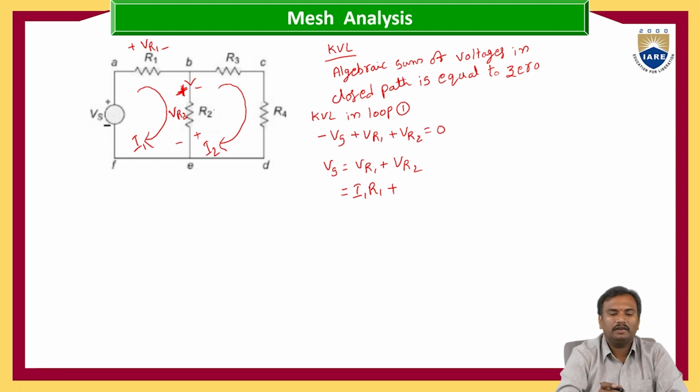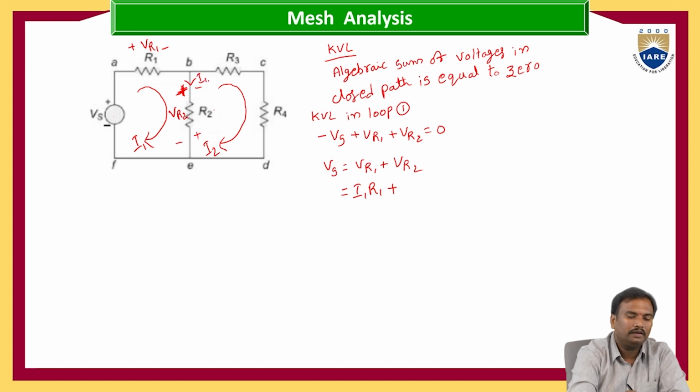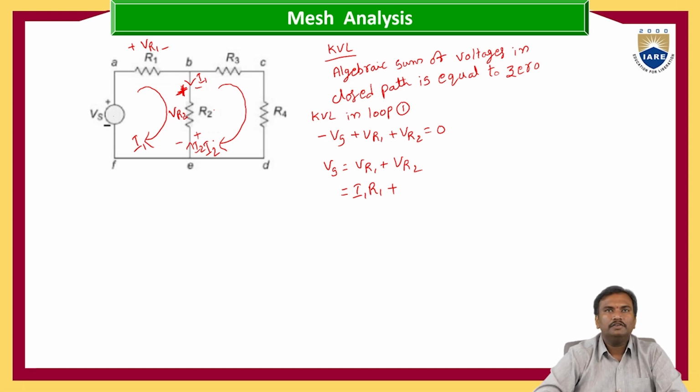two currents are flowing. One current is flowing in this particular direction and another current is flowing in the opposite direction. So here which current has the higher value, that will be positive and the other will be negative. When we are writing the KVL for loop 1, we are assuming that I1 has higher magnitude.